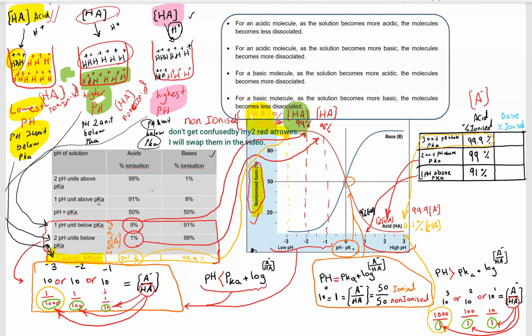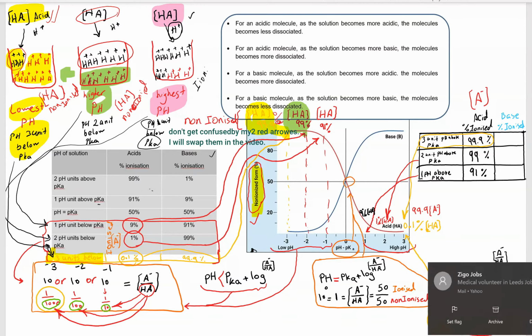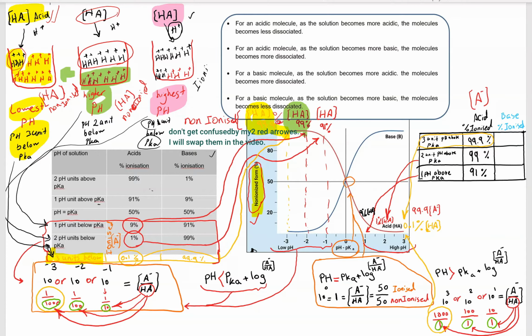So here we have the most ionization, and the least whole molecule or non-ionization. So now you can see in the third one, you have 90% non-ionization.